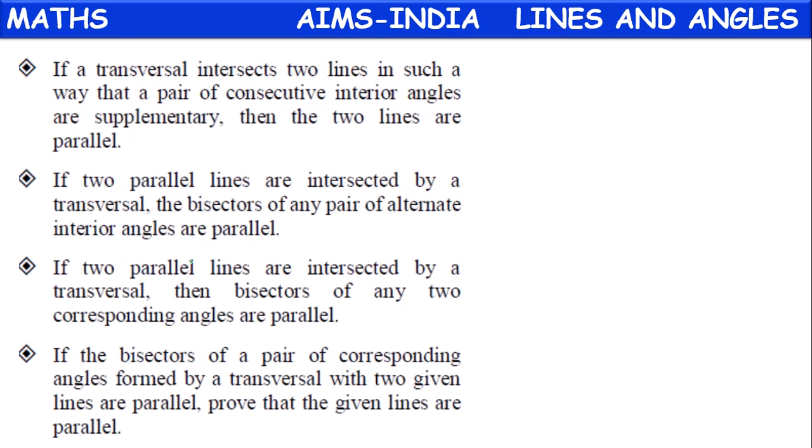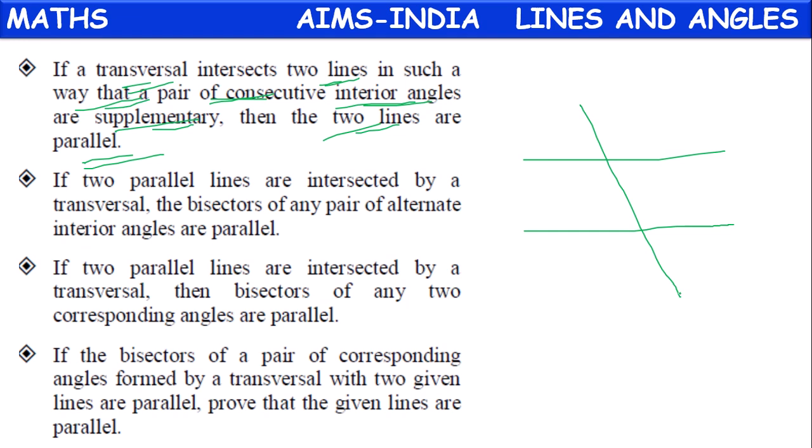Next one. If a transversal intersects two lines in such a way that a pair of consecutive interior angles are supplementary, then the two lines are parallel. Suppose we have two lines and we don't know whether they are parallel or not.